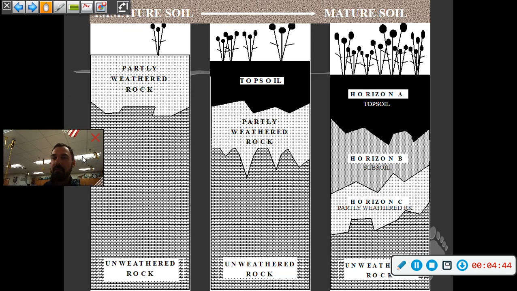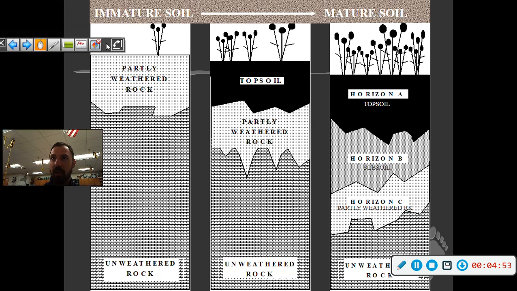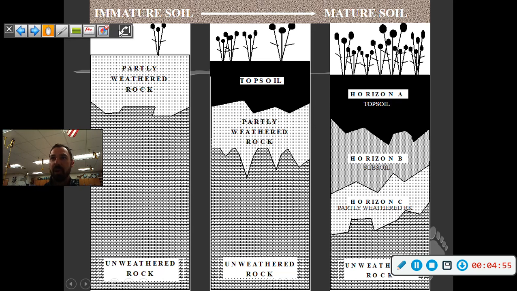Okay, so how does soil change over time? It can transition from an immature soil to a mature soil. If you start getting some plant material in here, you're going to introduce more organic matter. That organic matter will lead to even more plants in the future, because you're going to start growing a layer of topsoil by the organic matter collecting here.